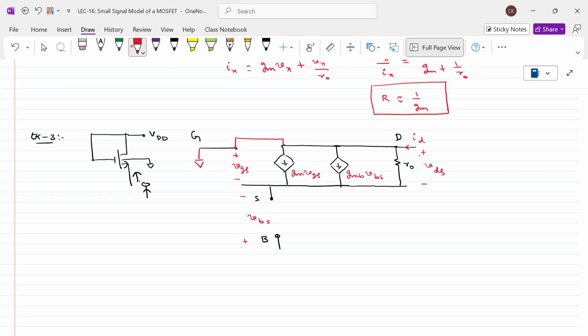Ground, because VDD is a DC source. Whenever you see a DC source, you have to make it 0. So this is also connected to 0, because this entire thing is actually the drain potential. Gate and drain are at the same potential. Are you getting the point?